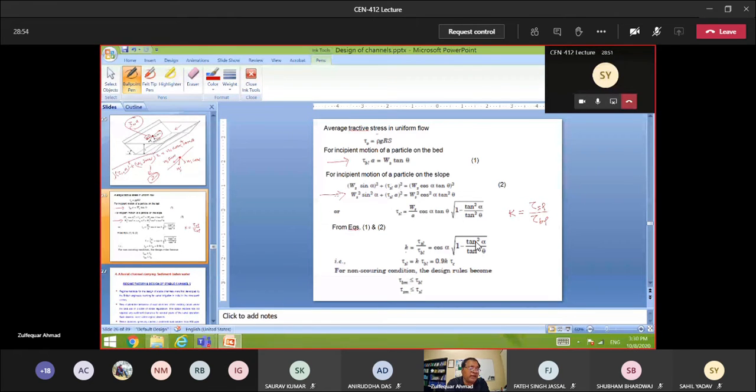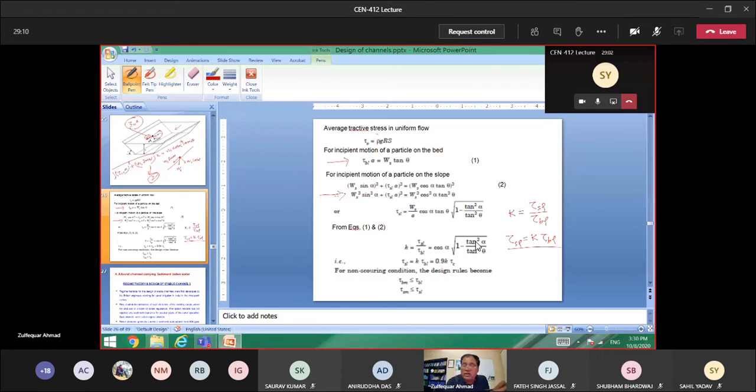So here this factor k is coming. In this case, the tau SL will be equal to k times the tau BL. Now I'm taking a numerical value here.